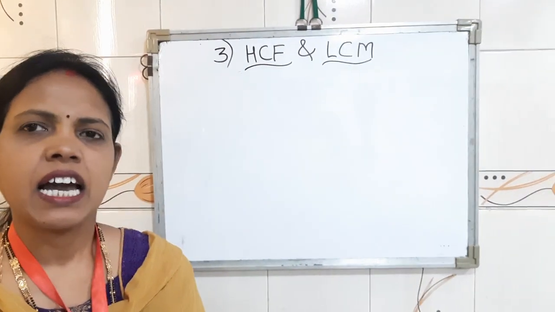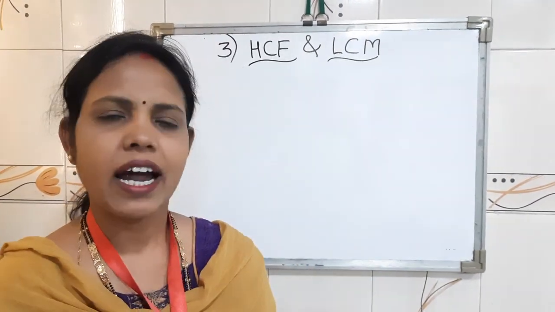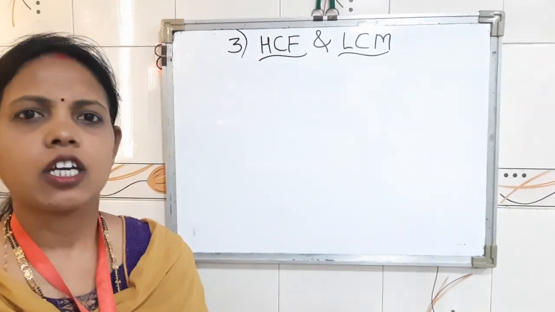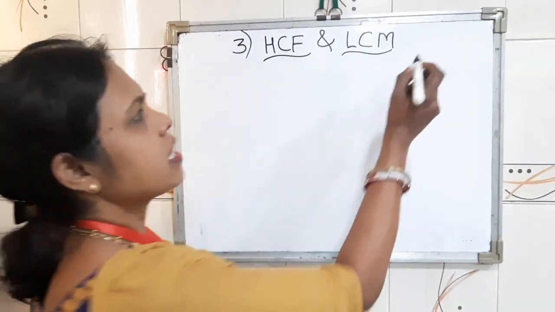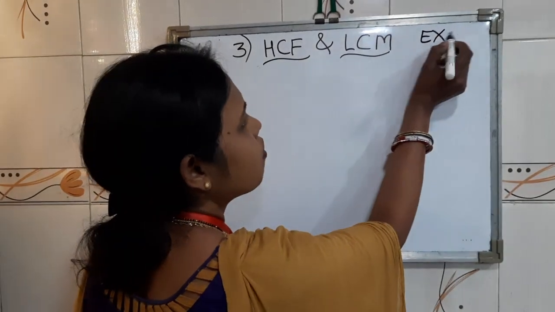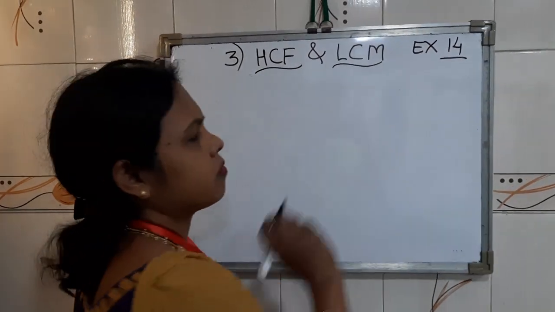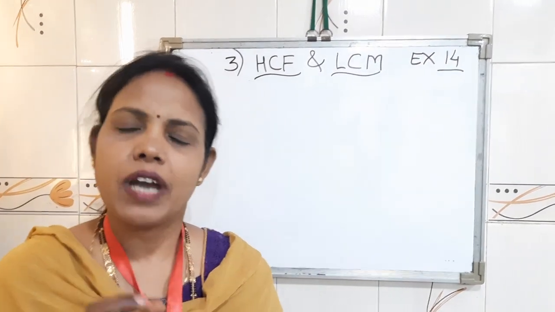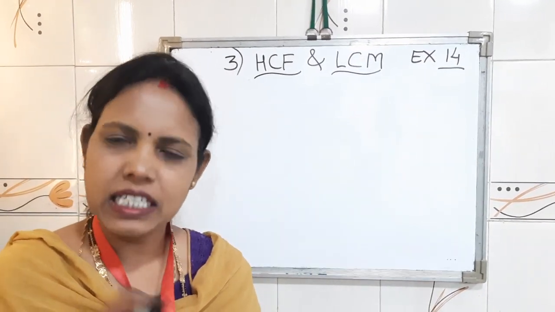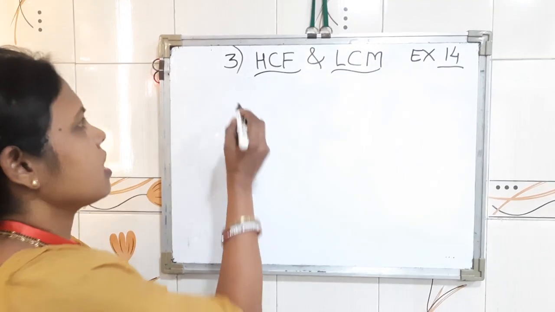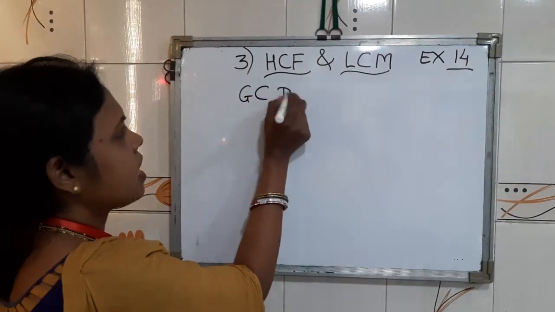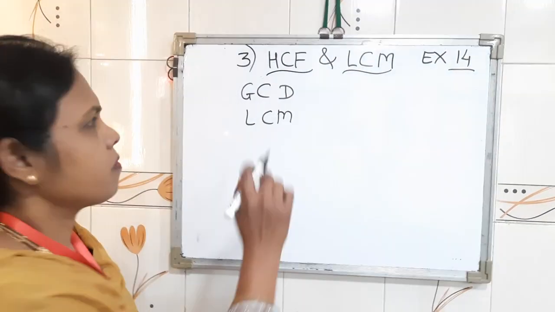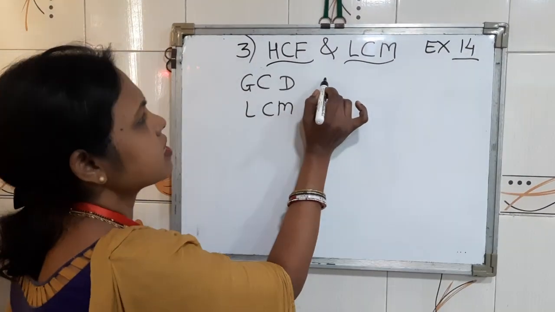Children, last time we completed exercise 13. Now today we are going to start exercise 14. Till exercise 13 we had completed GCD and LCM in separate form. GCD is also known as HCF.